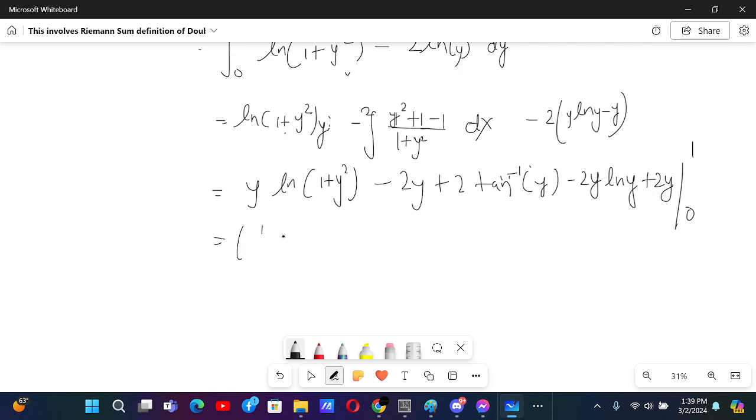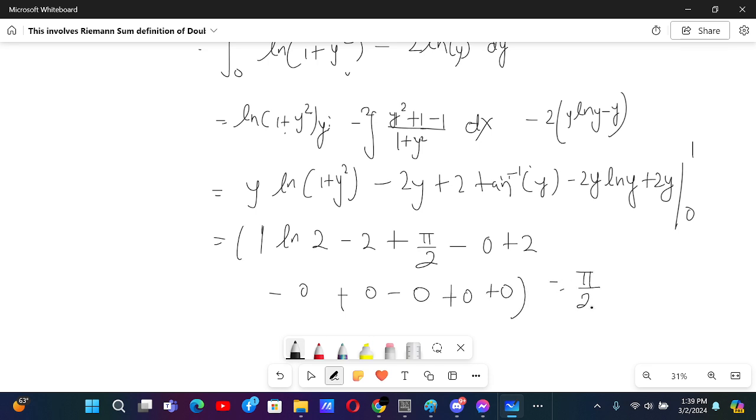Let me do it again myself. 1 ln of 2 minus 2 plus pi by 2. Now this is 0 plus 2, minus 0 minus 0, plus 0 minus 0. This is also 0, you can use limits, plus 0 plus 0. So you can see that this is pi by 2 plus ln 2.